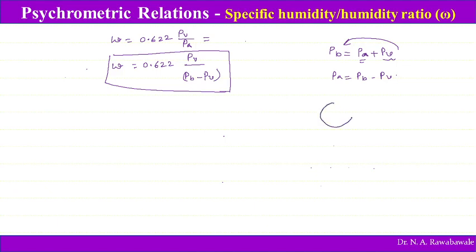For example, air may have the capacity to hold 12 grams of water per kg of dry air. So this 12 grams is the maximum capacity. At that time we call this air saturated air. Further addition of water vapor into this air, it will not hold that water vapor in suspension. Beyond that it cannot hold any more water. That is called saturated air.